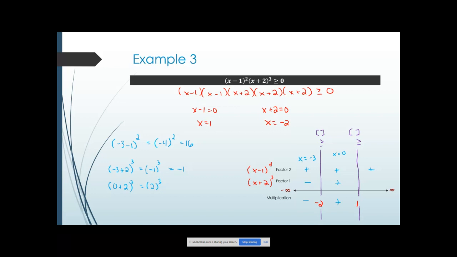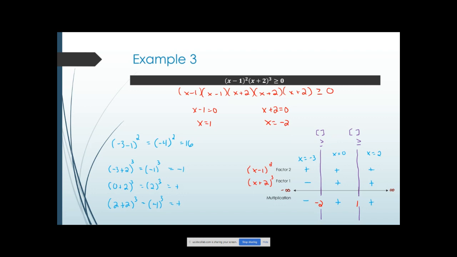And now I want to plug in a number larger than 1, because that's the next endpoint. So let's say we plug in 2. And so then 2 plus 2 cubed. So the 2 plus 2, following order of operations, is 4. So that's 4 cubed. And a positive inside means we have a positive outside. That's positives. And again, we have a positive times a positive, which is a positive.